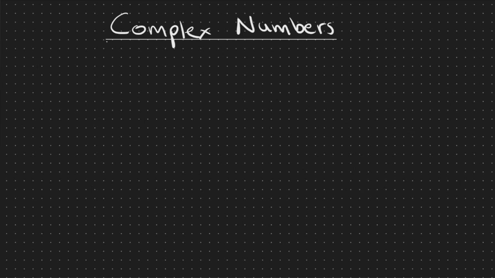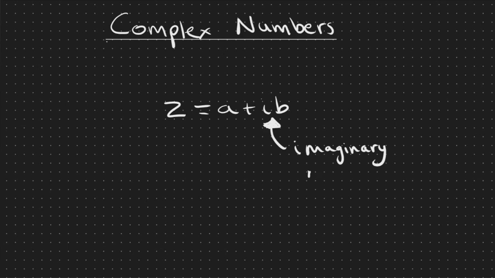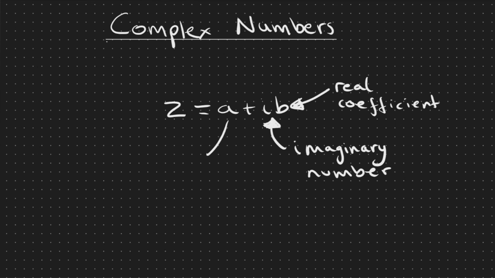Using this new number i, we can define a complex number. So a complex number is any number which is in this form: z is equal to a plus ib, where i is the imaginary number, b is a real coefficient, and a is a real number.